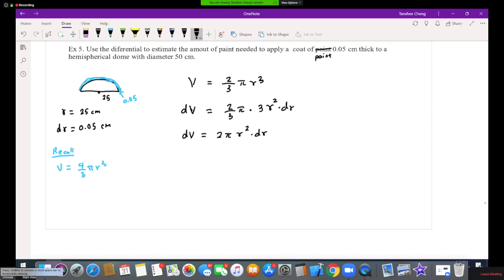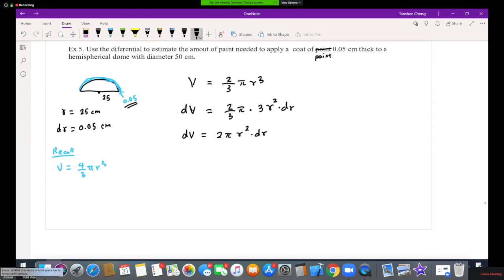Notice that this differential formula will help us estimate for any thickness that we want for this particular diameter, or any other diameter that we're going to talk about later on. Those are the variables that we have. So that's why I mentioned before that this differential of V, in this case the volume, depends on the radius of the hemisphere and on dr, which is the thickness of the paint that you want to put on.